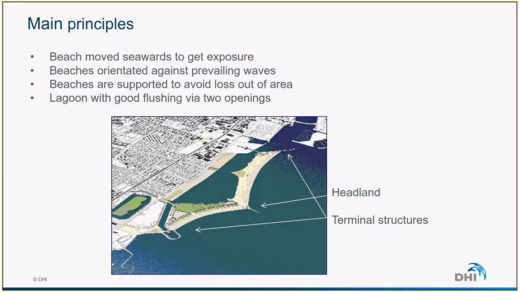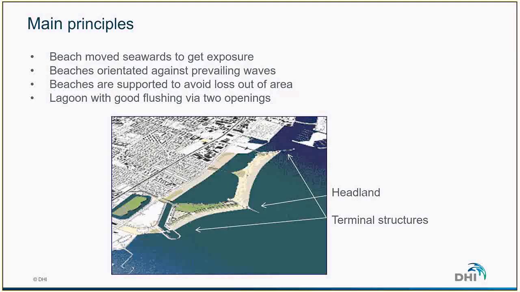The beach has been oriented towards the prevailing waves, so two main wave directions from northeast and from southeast. So we can see that the two stretches of the beach have different orientations. Then some terminal structures and headlands have been added in order to maintain the sand in each stretch of the beach.